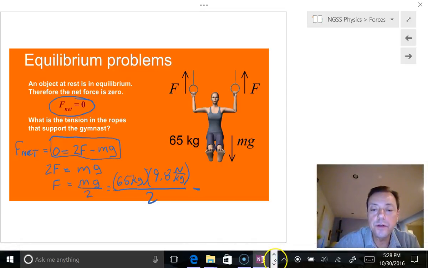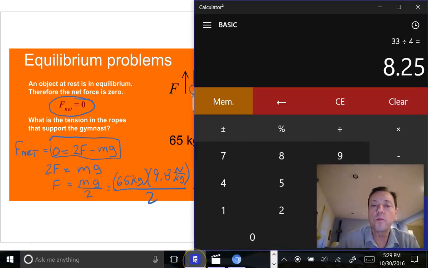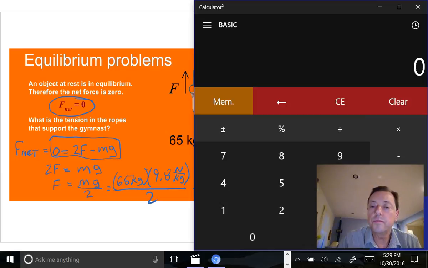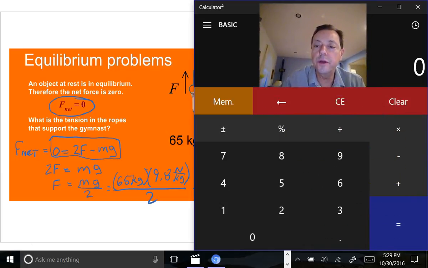Let's see if I can get some help here from the calculator. 65 times 9.8 equals, divided by 2 equals.